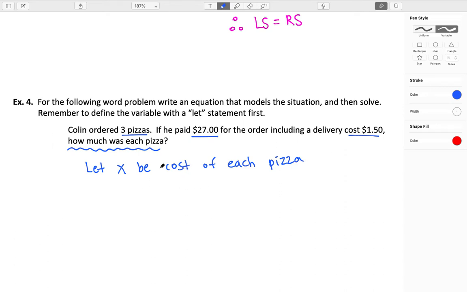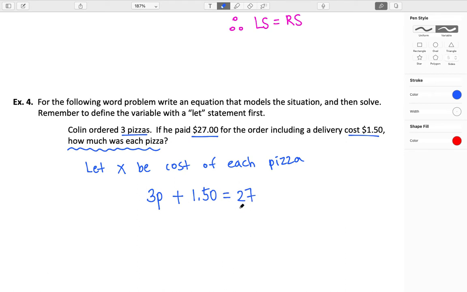Then let's write the equation. He ordered 3 pizzas, depending on the price, so it's 3p plus the one-time delivery fee, $1.50, is equal to the total cost. We do know the total cost, which is $27.